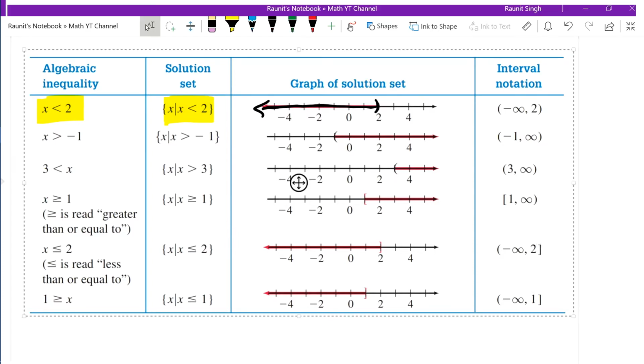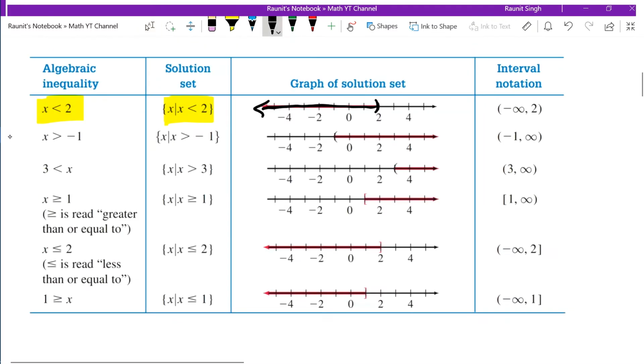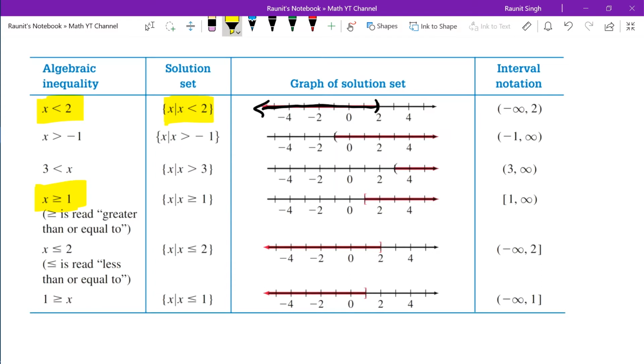The reason it has parentheses is because it is less than. Now if you look at x is greater than or equal to 1, you can see they used a bracket instead of a parenthesis.